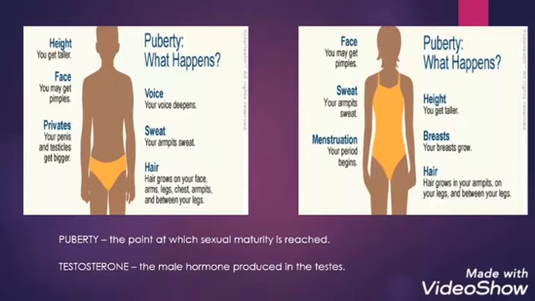And in girls, pubic hair begins to grow, the breasts develop, and the pelvic girdle becomes broader. These changes are brought about by hormones. The hormone for male is testosterone, and the female hormone is estrogen, which is produced in the ovaries.